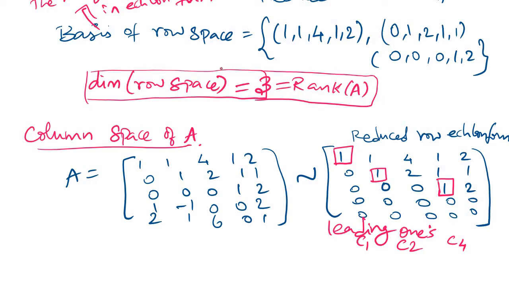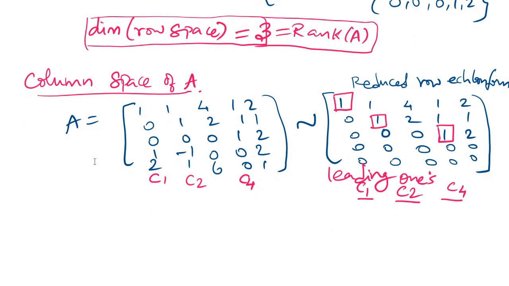Now we have to take the original column vectors, that is, the column vectors of the given matrix corresponding to C1, C2, C4. Columns C1, C2, and C4 form the column space. Again, I repeat, to find the column space of A, we reduce the given matrix into row echelon form, and identify the leading ones.